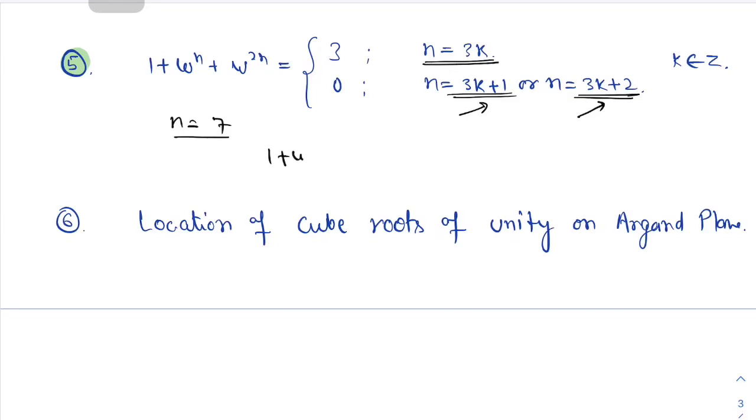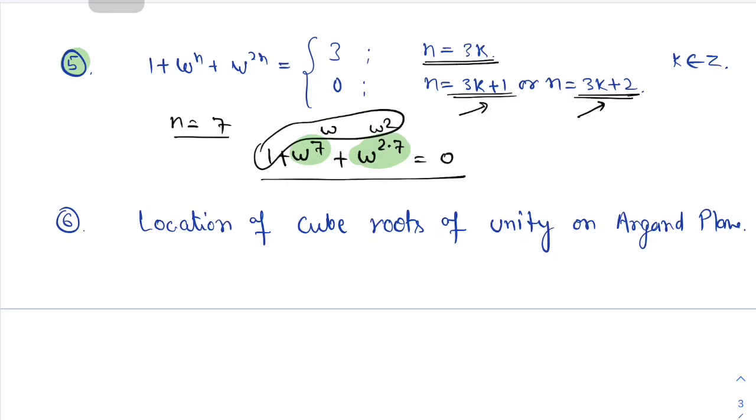So 1 plus omega to the power 7 plus omega to the power 2 into 7 is always equal to 0. You can clearly see omega to the power 7 is equal to omega, and omega to the power 14 is omega square. So finally we get 1 plus omega plus omega square, which is nothing but 0.